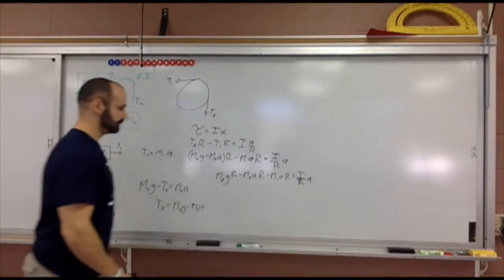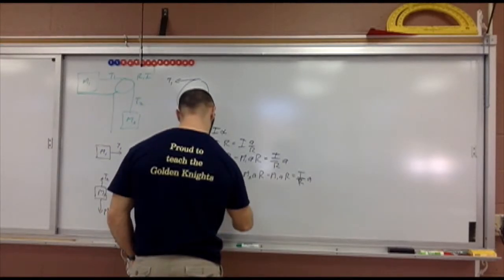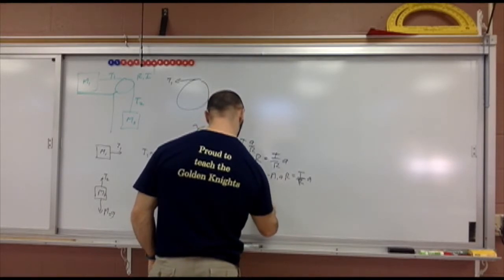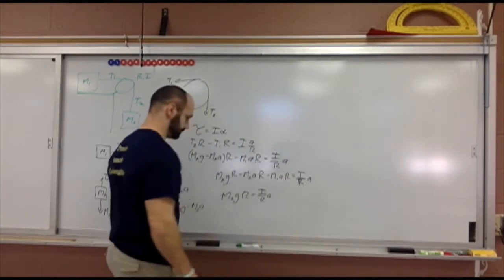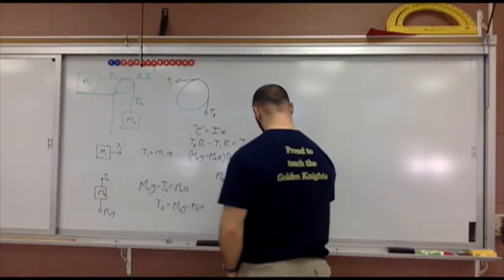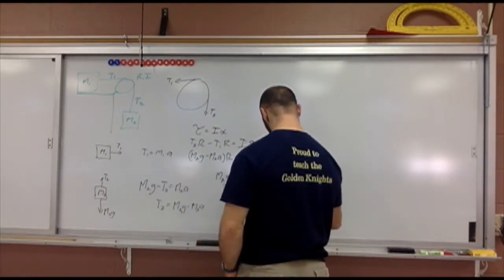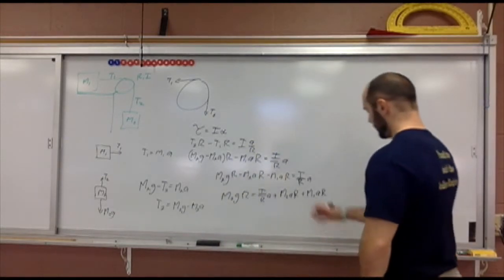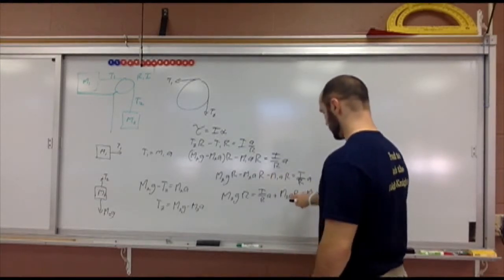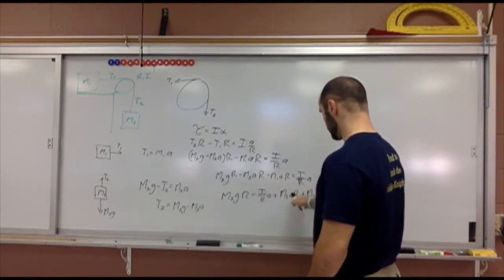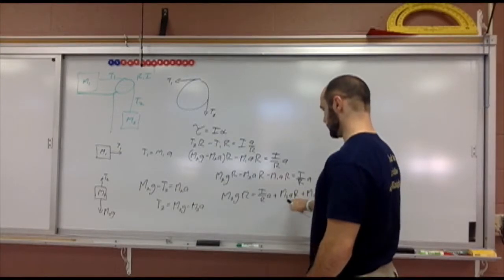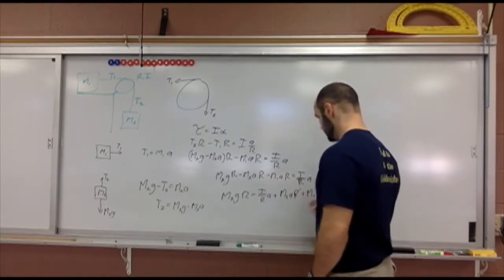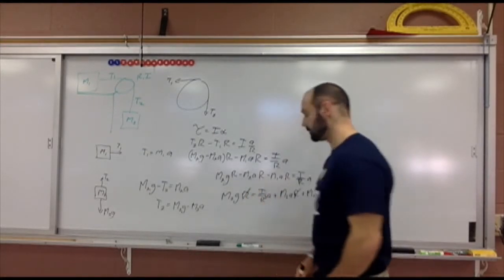All right, so let me do this. M2G R equals I over R A plus M2A R plus M1A R. I factor out A, then I'm going to divide. Since I have all of these R's, I'm going to divide by R to get rid of these R's and make this R squared.